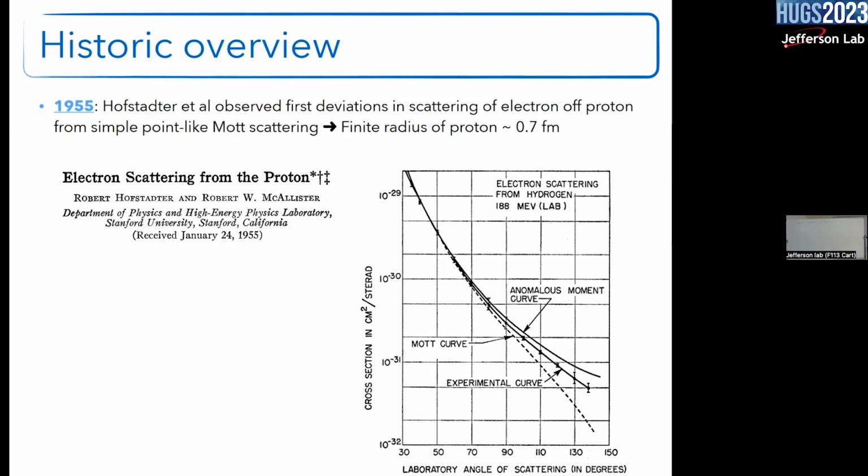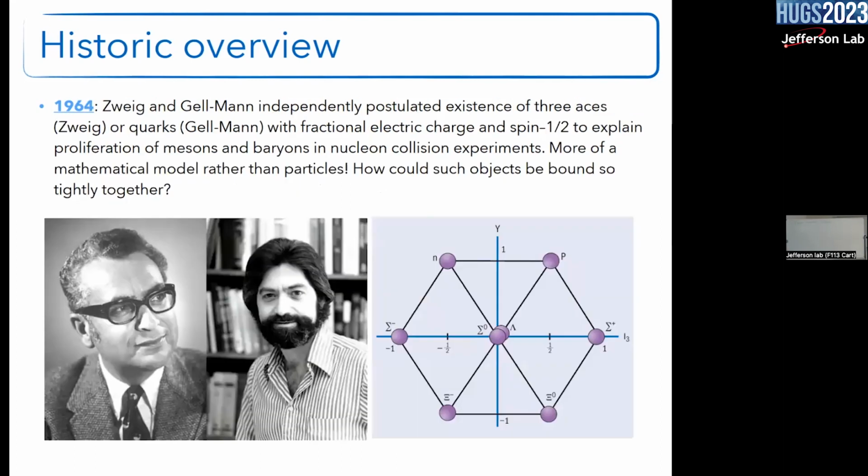That is where it was realized experimentally that the proton had an internal structure. It was not an elementary object, okay? And that was the very famous paper. It was really looking at the angle of scattering of the proton that deviated from the Mott curve, the one that you see at the bottom. There was this deviation in the tail.